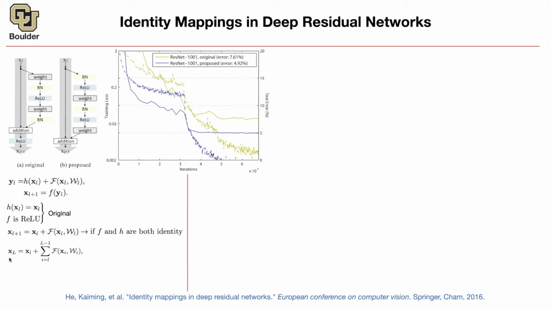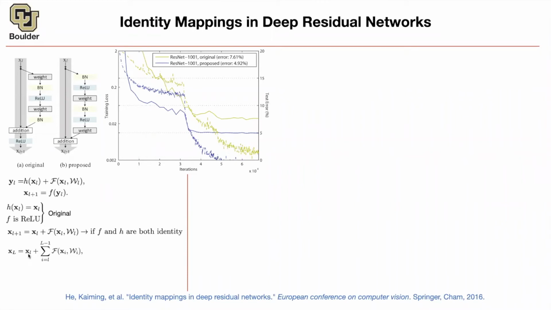XL is going to be equal to XL plus a summation of these calligraphic Fs, of course with different parameters, but that's what you get. So you can call this another F, and you can see that the information is flowing from a very low level in your neural network to very deep inside your neural network.